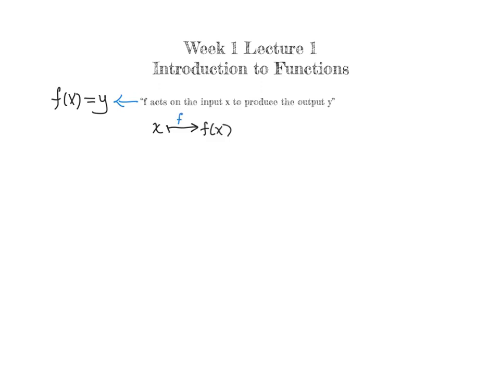In other words, f of x is another representation of the output. We can also think of it as representing what happens to x. So if the rule is square the input and add 5, then the equation f of x equals x squared plus 5 just means that x is transformed into whatever the quantity x squared plus 5 is.